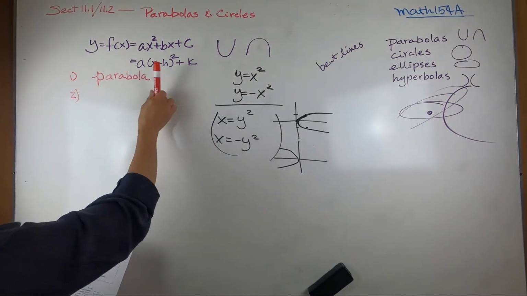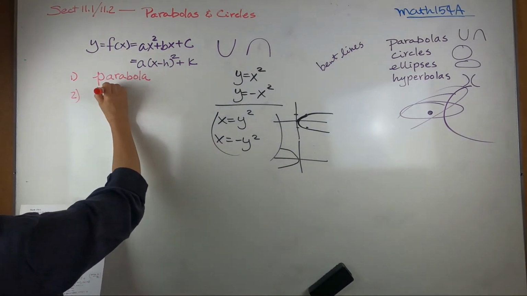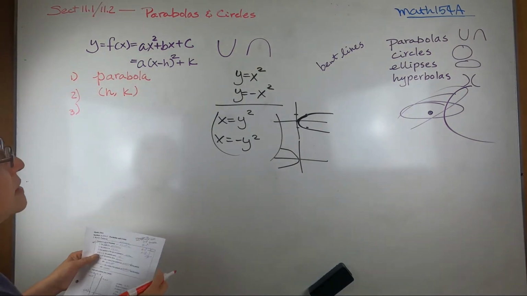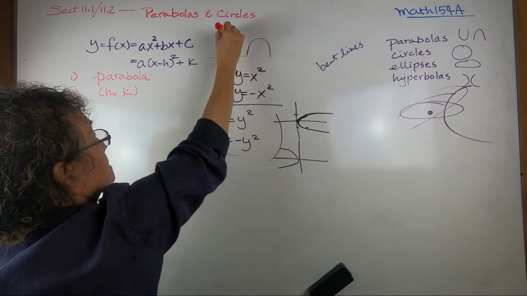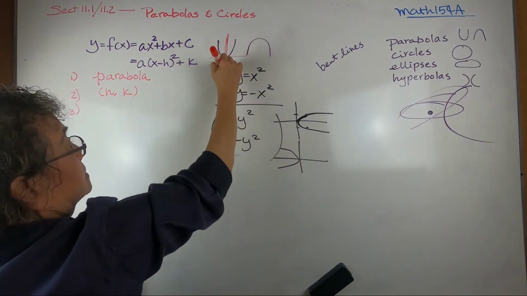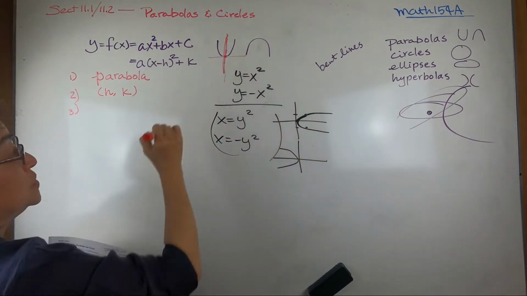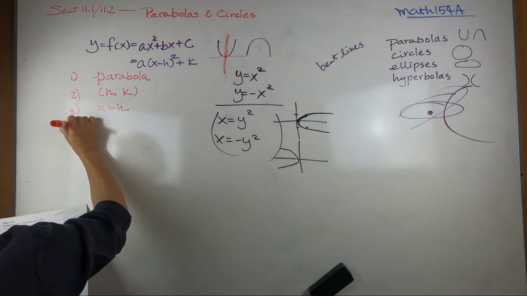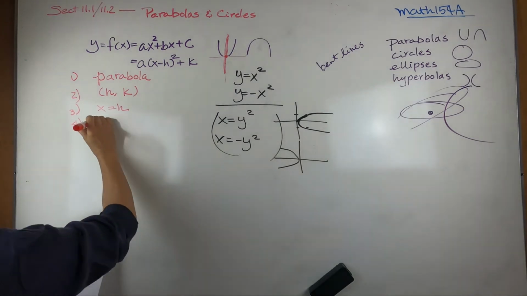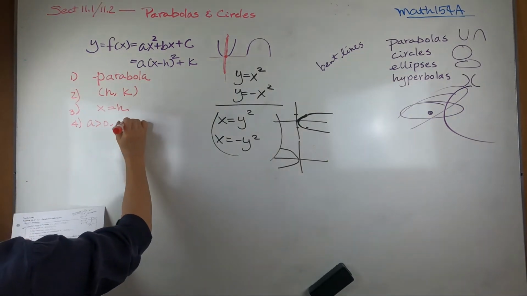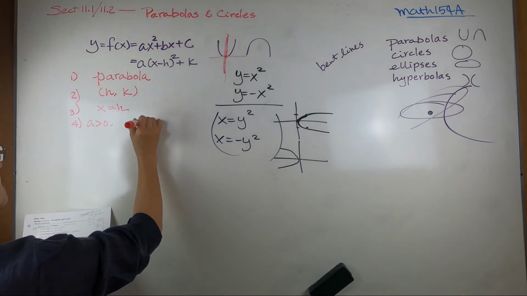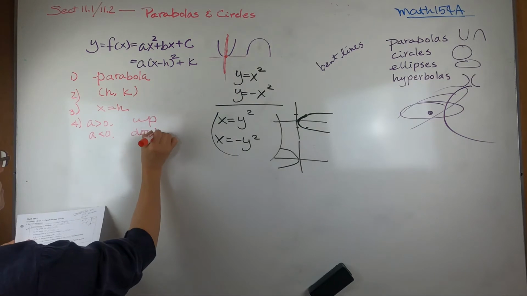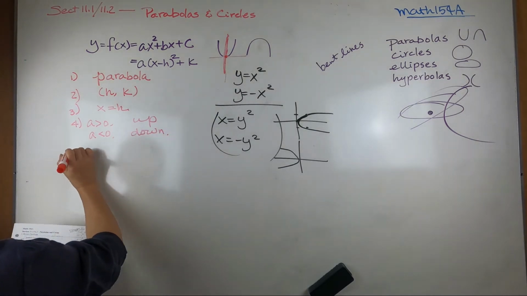Then if you have vertex form, you can tell the vertex is what? (h, k). Then the line of symmetry at the vertex goes straight up and down, so it's x equals h. Did we do that? So we say if a is bigger than 0, the parabola opens up. If a is less than 0, the parabola opens down, right?